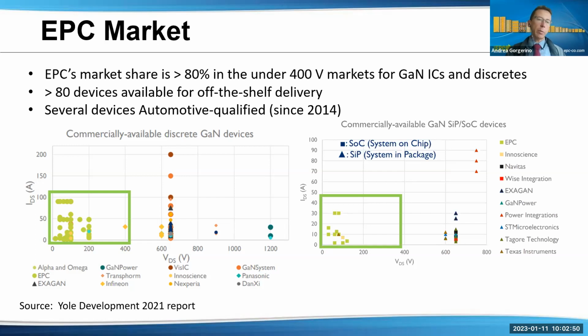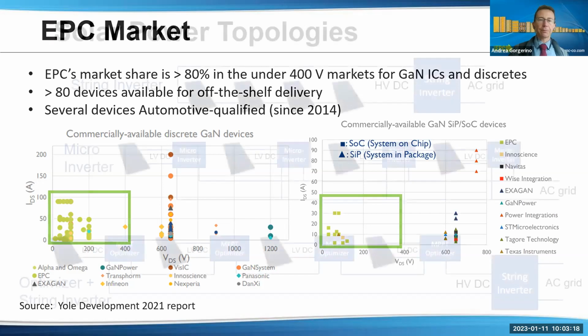The green dots are EPC, and we really dominate the below 400 volt areas. We have more than 80 devices available for off-the-shelf delivery. Several of them are automotive qualified since 2014. And this also explains a little bit the background of what I'm going to talk about today, of course, which is the areas in solar, a huge market area where EPC GaN FETs can add value.